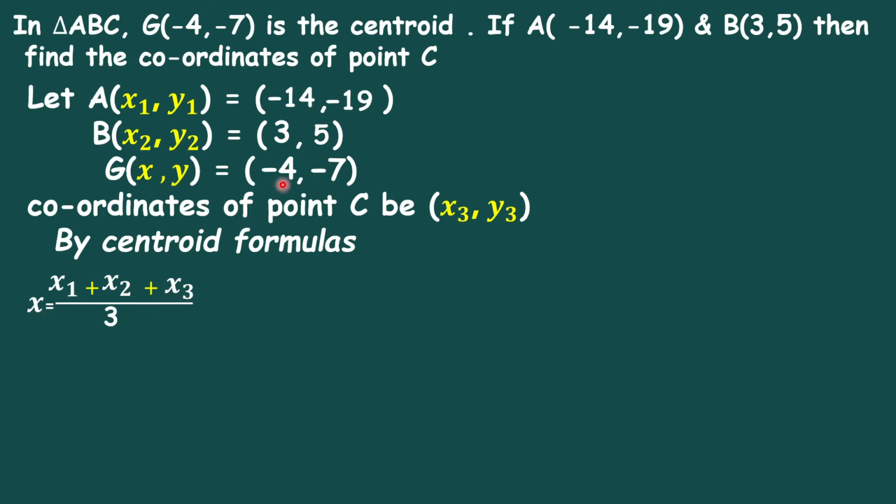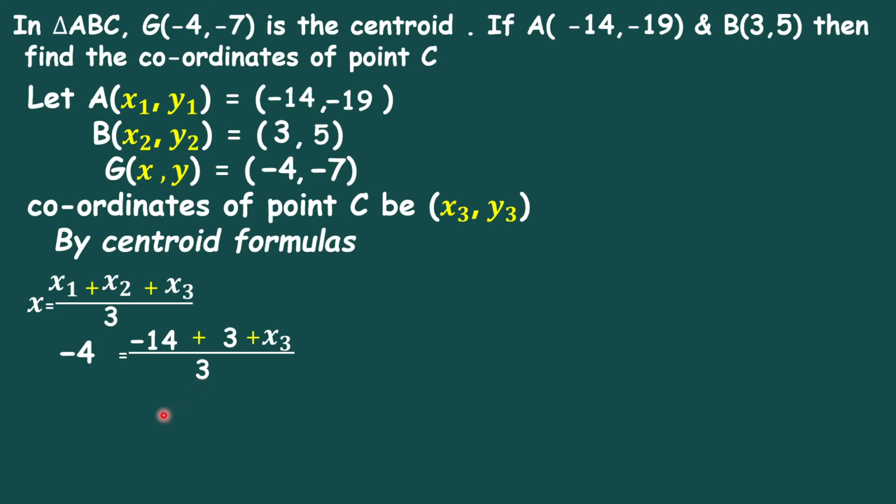The x coordinate of point G is -4, equal to x1, which is -14, plus x2, which is 3, plus x3, divided by 3.